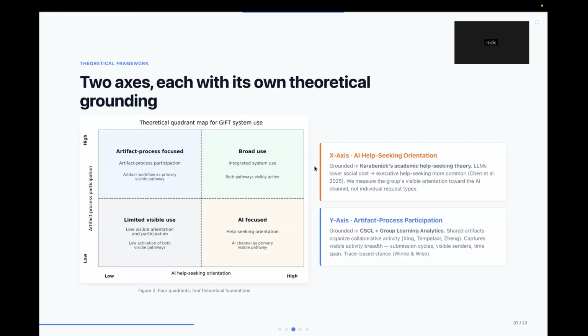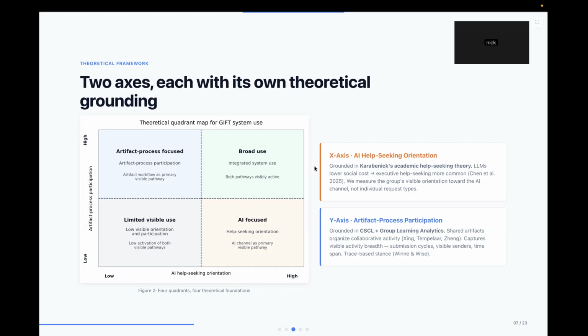theoretical ground. The x-axis is AI help-seeking orientation. Basically, we want to see how engaged students are in asking AI for help. It's based on Karabenick's academic help-seeking theory.